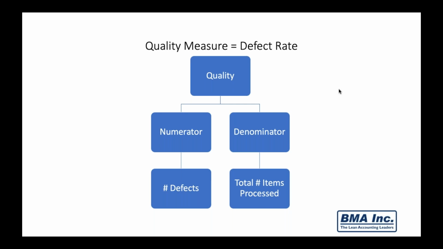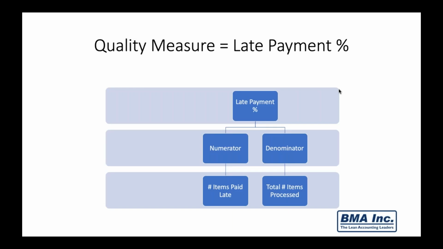The other measure is late payment percentage. Typically, a customer will pay late if something's wrong because they don't want to pay it till it gets resolved. If you're disbursing cash in accounts payable, you're not going to pay an invoice until everything is all tidy and fixed.